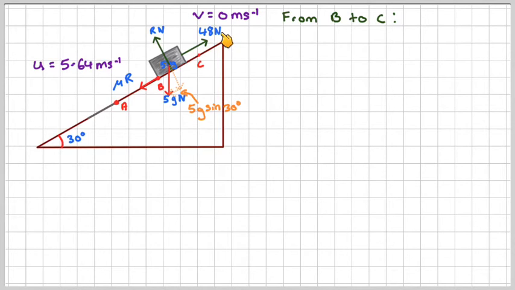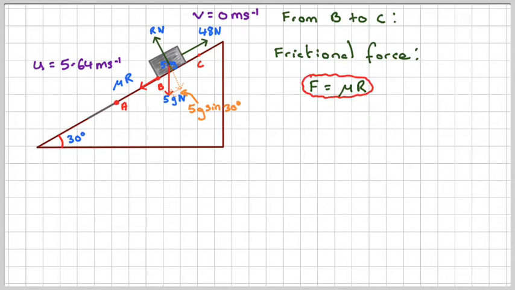And we want to know when it gets to C, when the velocity is 0. So the frictional force will be F is equal to mu R. And that's going to be 0.8 times R, and this component here minus this component here must be equal to 0. So these must be equal, so this component here is 5g cos 30.